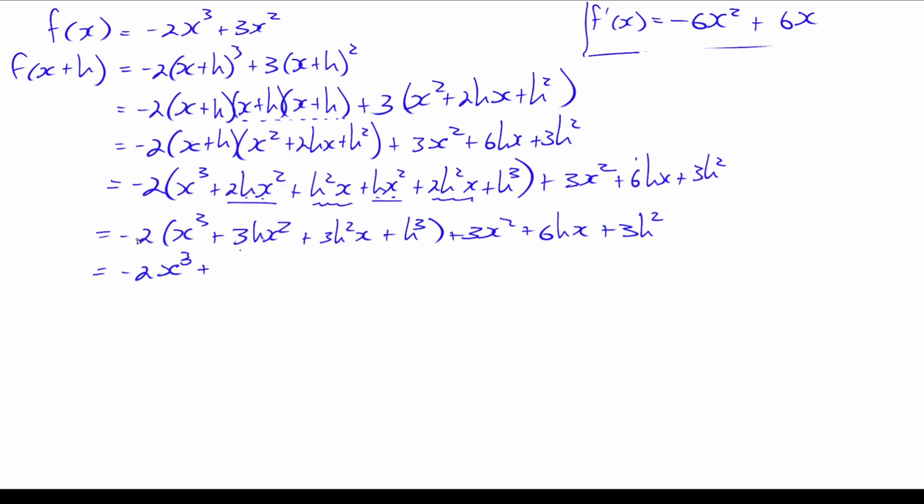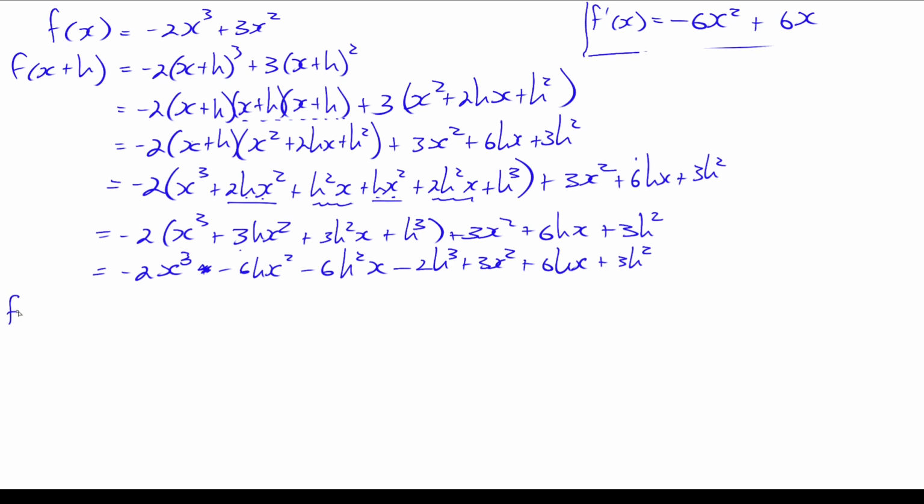Okay, negative 2 times that. Minus 6hx squared minus 6h squared x minus 2h cubed, plus 3x squared plus 6hx plus 3h squared. Oh my goodness.